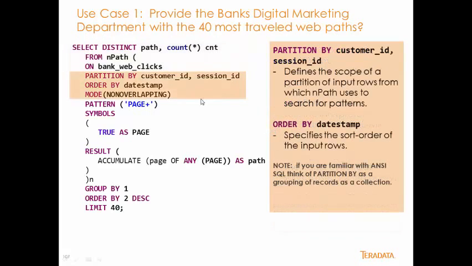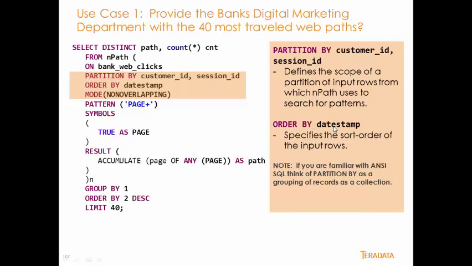Let's continue. The rest of this is partitioned by customer ID. This defines the scope of the partition of input rows from which nPath searches for patterns. Because a unique account holder session ID is what we're after, and all the events included in that session is what we're searching for, the combination of these two fields defines our partition or our grouping of records.